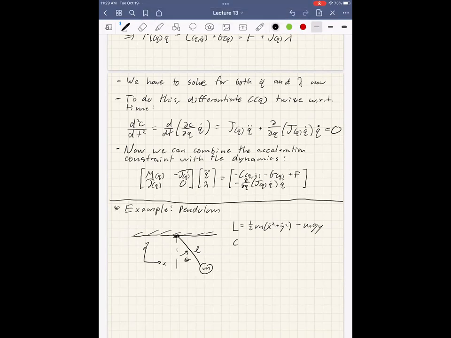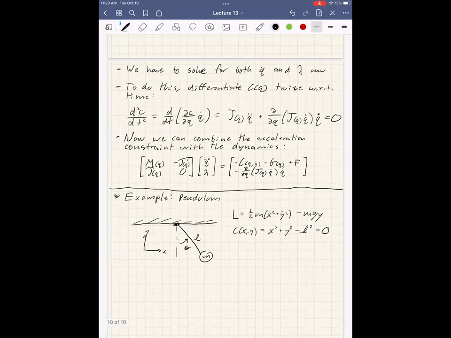But now I have this constraint that looks like x squared plus y squared minus L squared equals 0, right? It's just a circle constraint: x squared plus y squared equals L squared, the length of the pendulum. So if I write down my standard manipulator stuff, I'm going to get a constant mass matrix now, times x double dot, y double dot, plus my gravity potential term, mg.